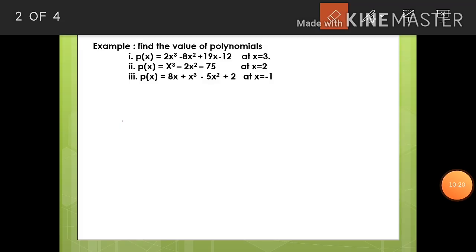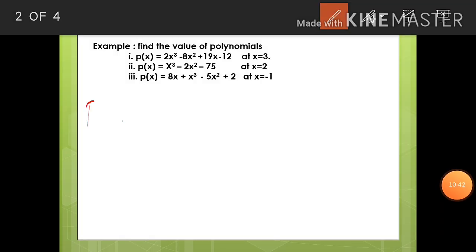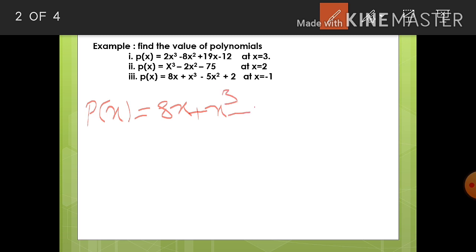Okay. Let us see one more example of value of polynomial. P of x equal to 8x plus x cube minus 5x square plus 2.